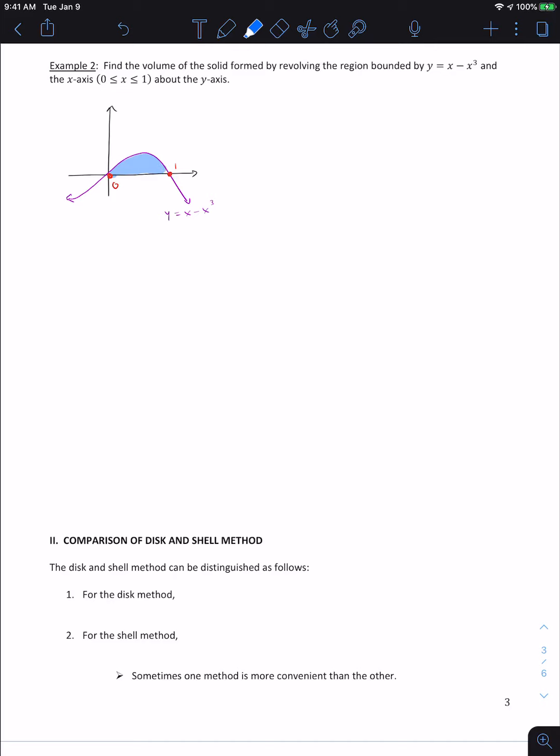And we want to revolve that about the y-axis, right? So in this case, our axis of revolution is what? It's the y-axis, right? Which is vertical. So what does that mean? That means I need vertical rectangles, right?